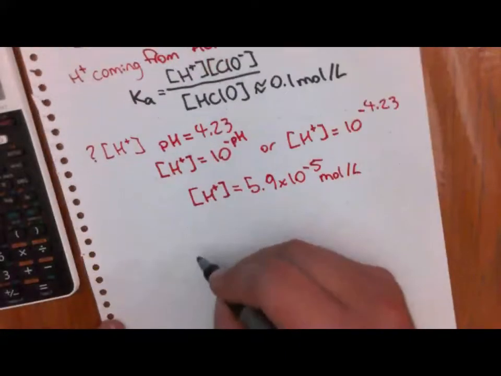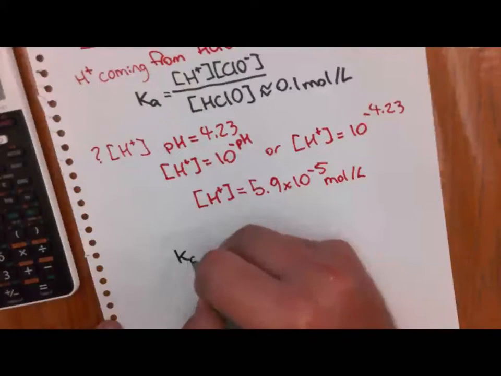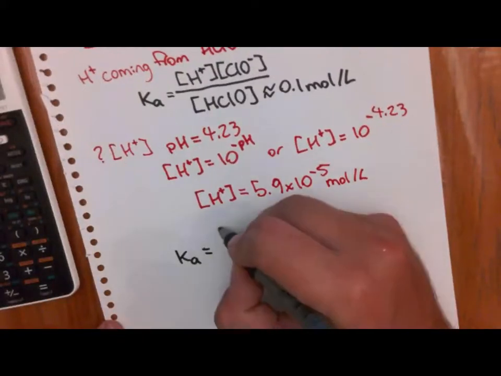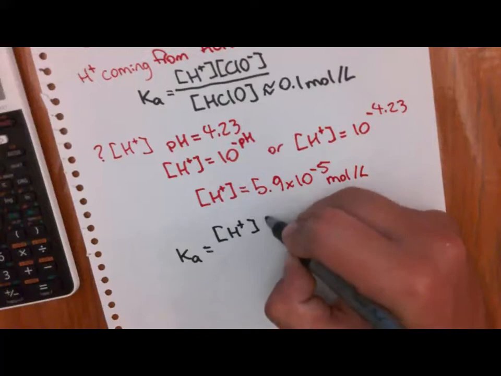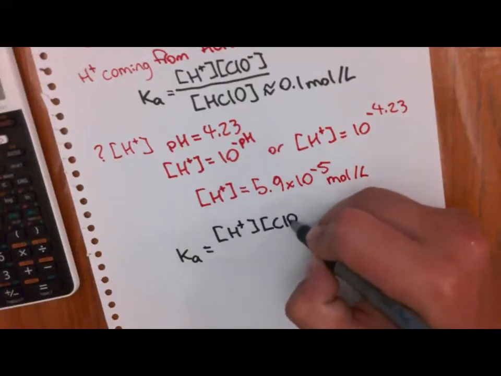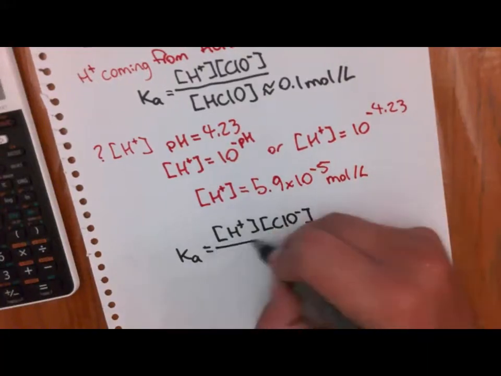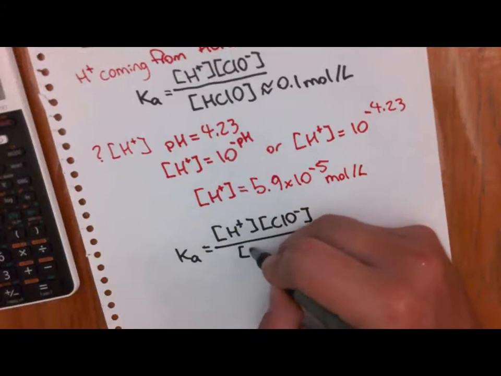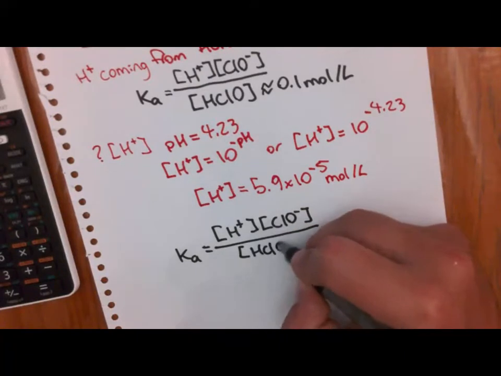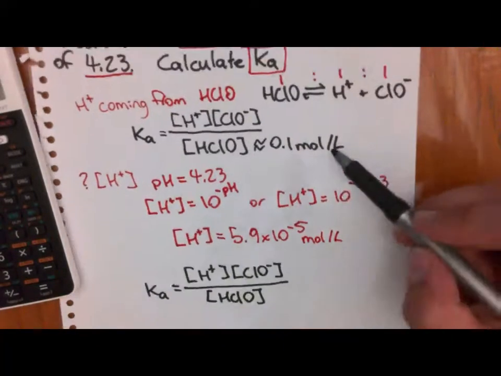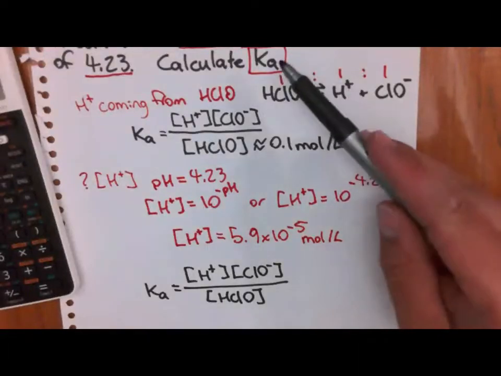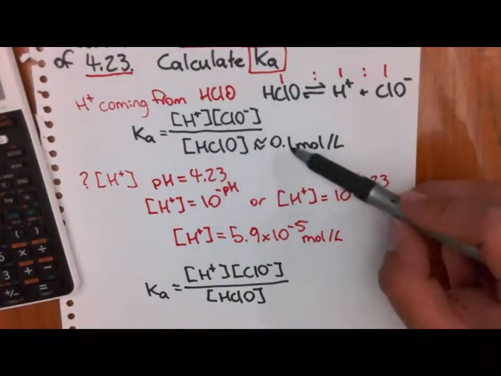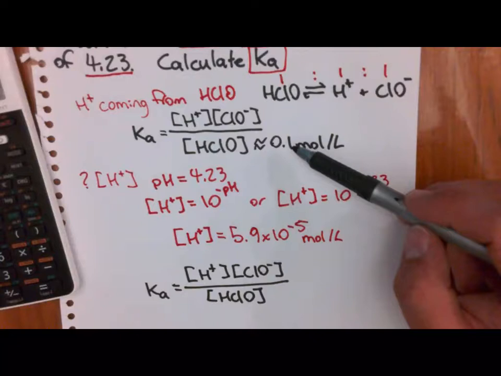Again, Ka equals our concentration of H plus times the concentration of ClO minus all over concentration of HClO. Up here we determined that our HClO, because we're assuming that this is a very weak acid, is going to be equal to its initial concentration, or approximately equal to it.